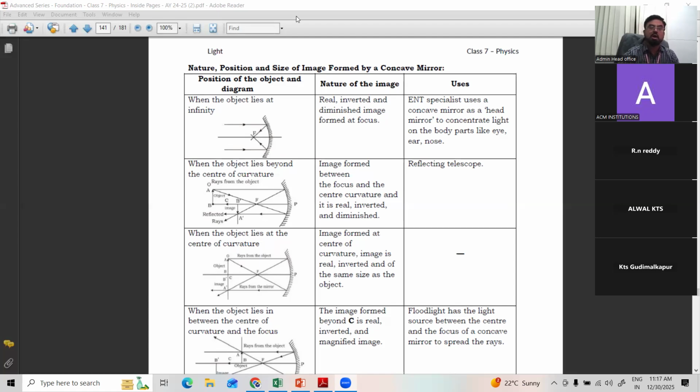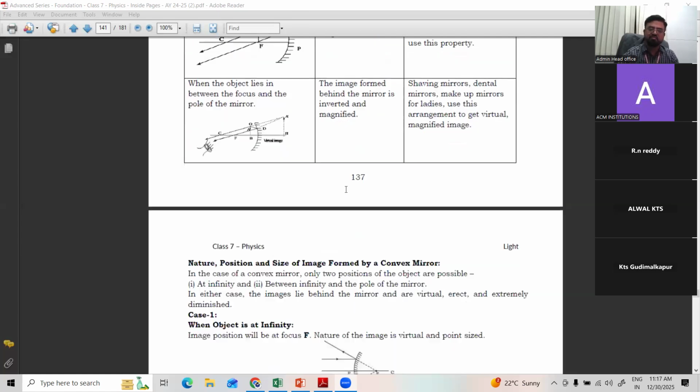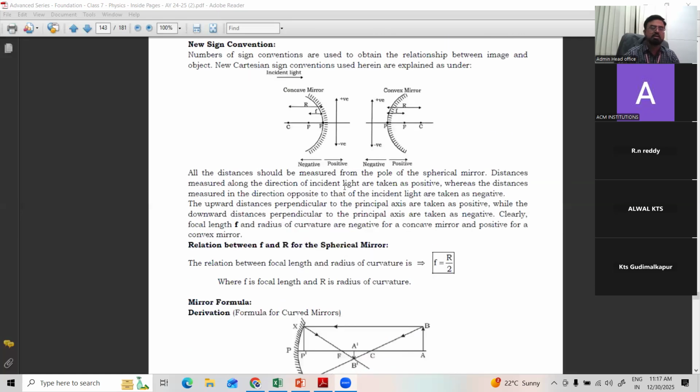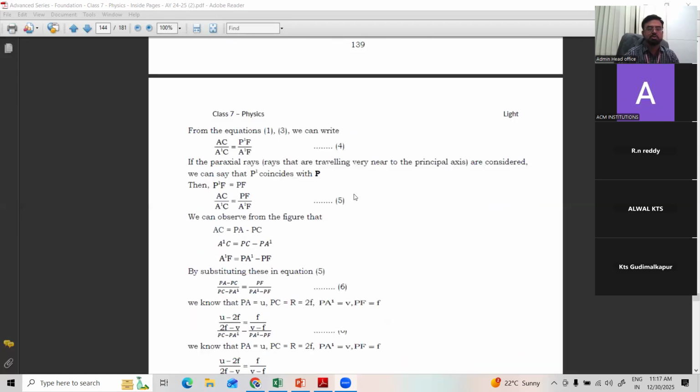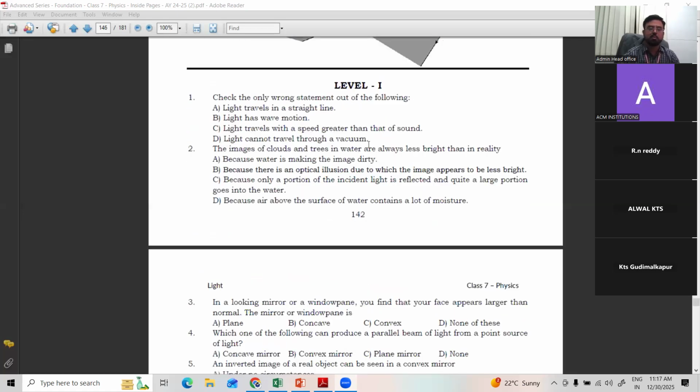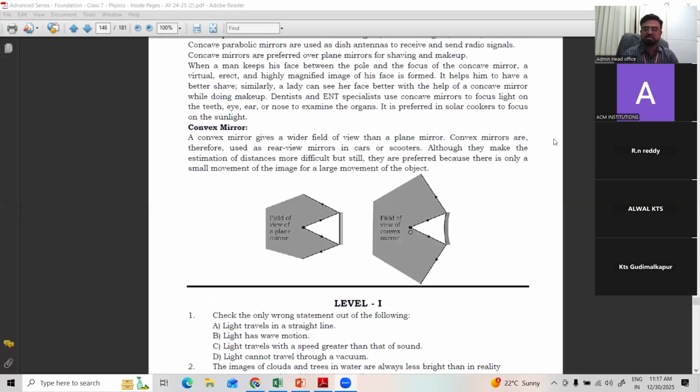In the case of a concave mirror. It may be different for the convex mirror. We'll discuss in the next class. For the convex mirror, only one case, all will come on one side only. So we'll discuss the image formed by the convex mirror in the next class, right?